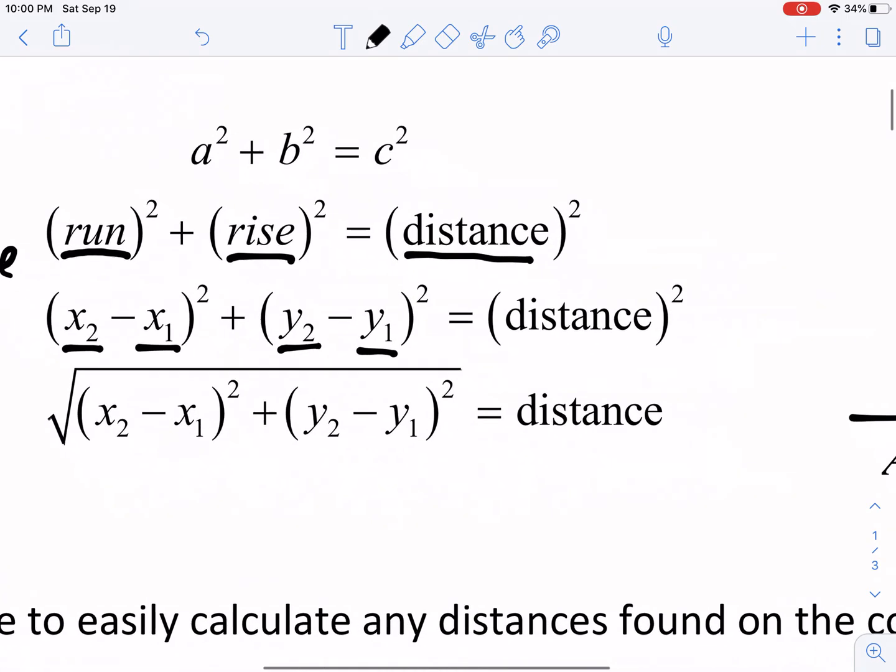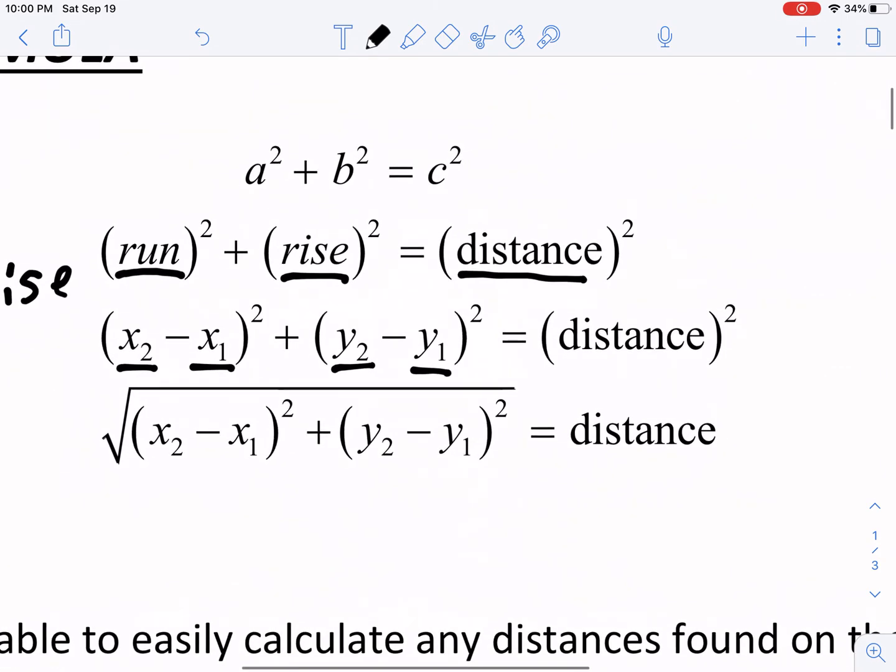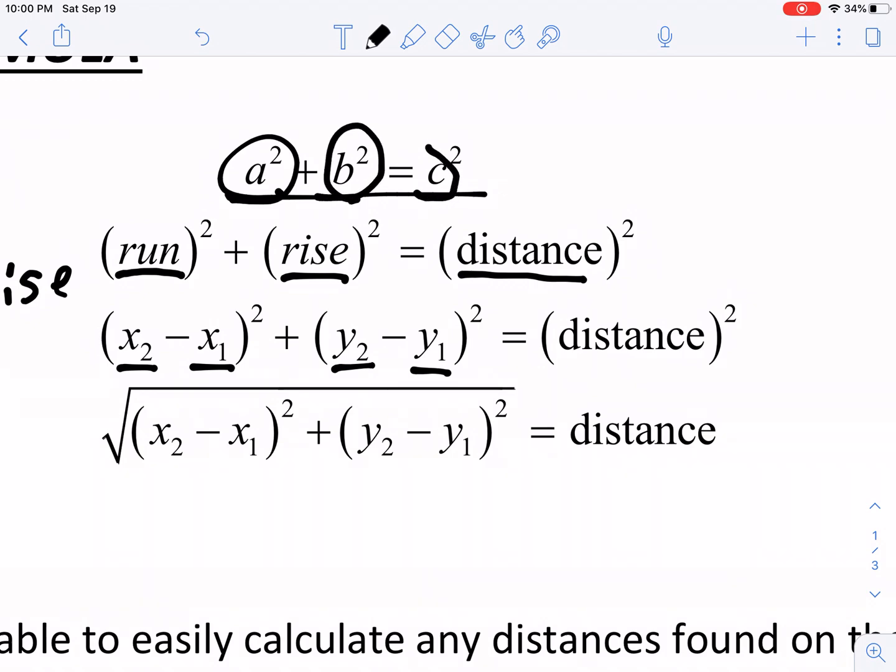I know that my distance, going off of what we played off here, we know that the run is x2 minus x1, and then the rise is y2 minus y1. Substituting those values in, now I know that x2 minus x1 squared, which was our a value, plus y2 minus y1 squared, which is our b value, is equal to my distance squared, which is the c value. Okay?